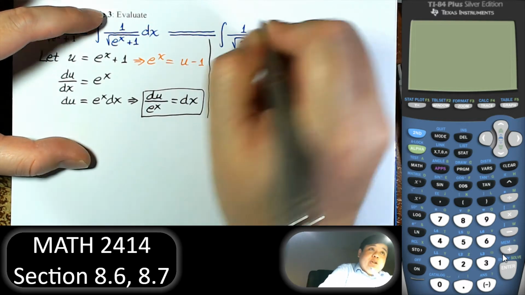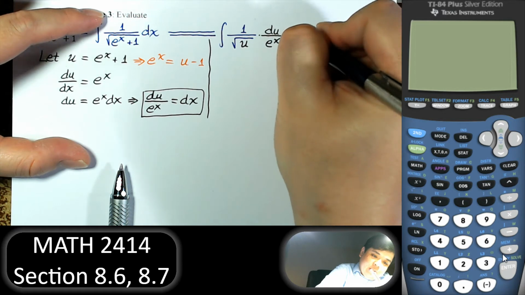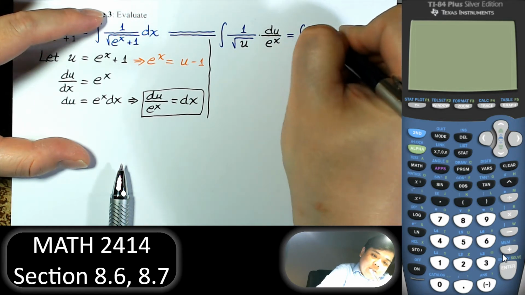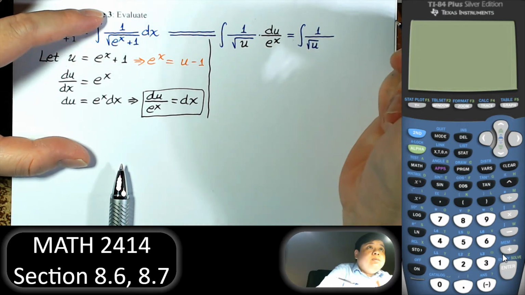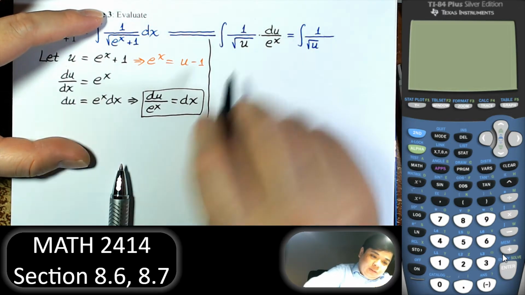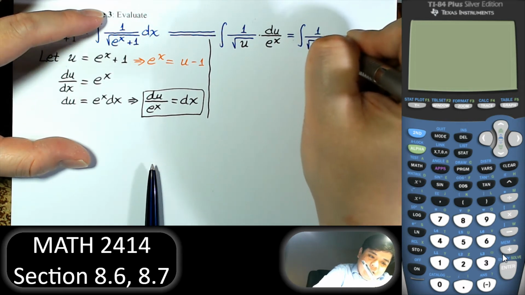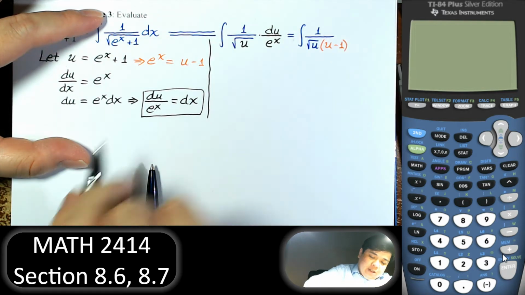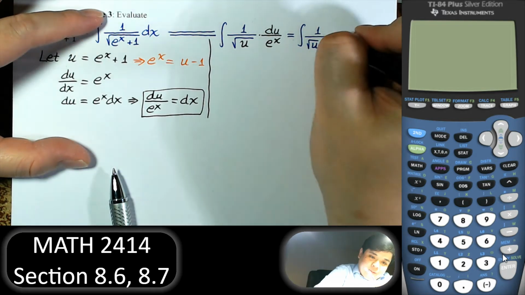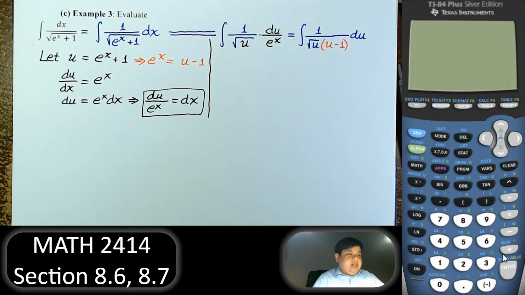And we can substitute for e to the x, and we're going to write u minus 1 like this. Right, a little bit better.